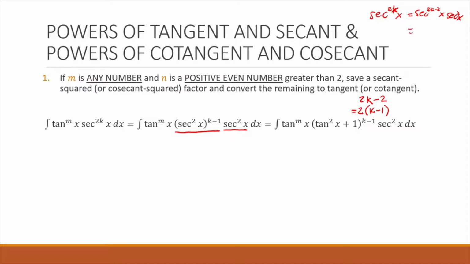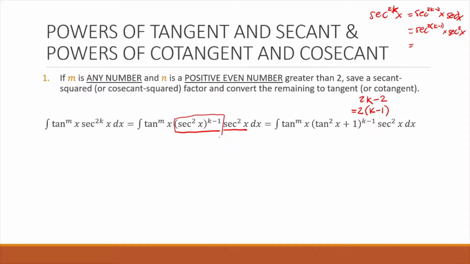And then this secant raised to 2k minus 2, we can write this as secant raised to 2 times k minus 1 of x, and then we have here secant squared x. And then lastly, this secant raised to 2 times the quantity k minus 1 can be written in this form.